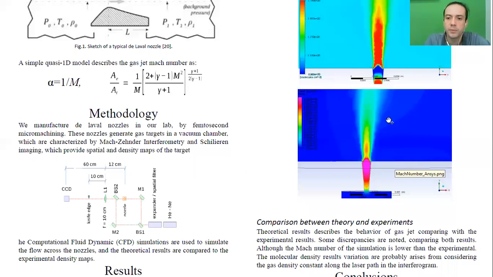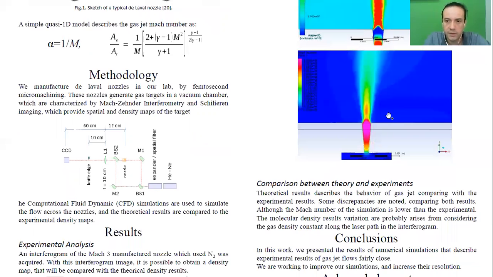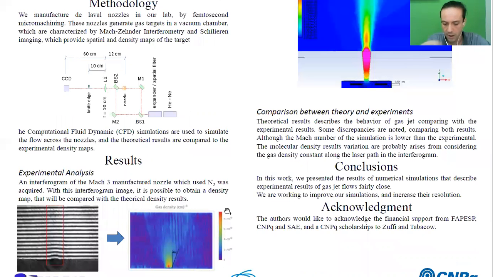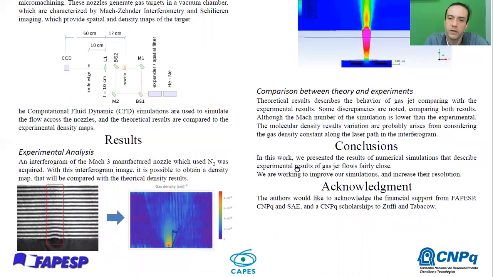The discrepancy between the theoretical and experimental results is due to the simplified 1D model that disregards some real factors, for example, the length and the shape of the nozzle. I said that the number of elements influences the spatial resolution because it influences the size of the elements.